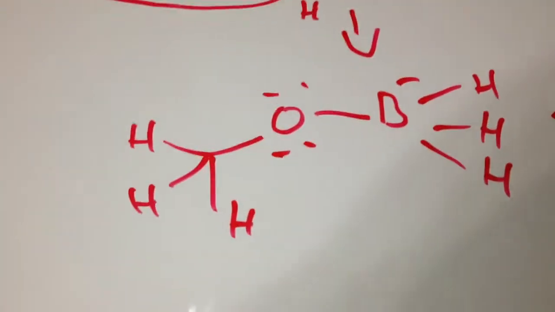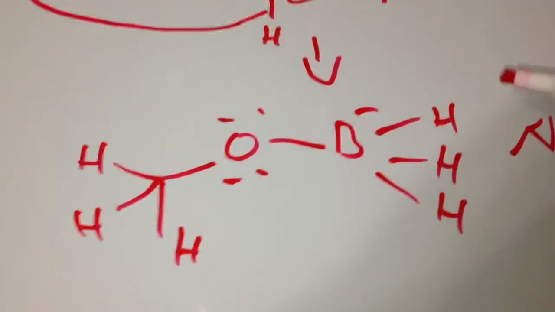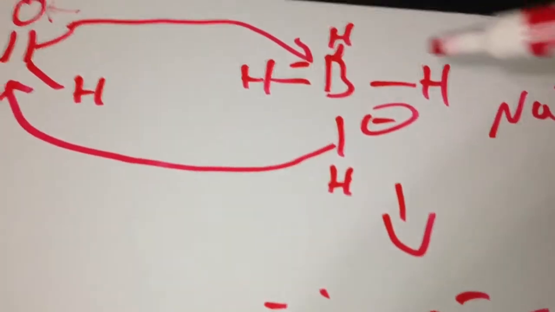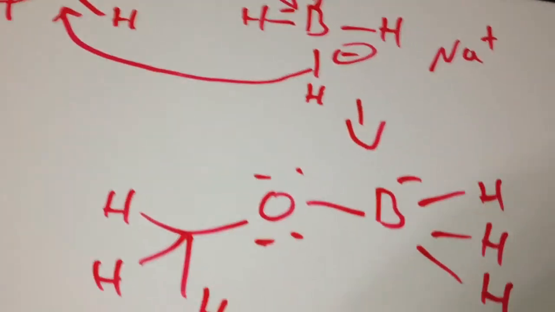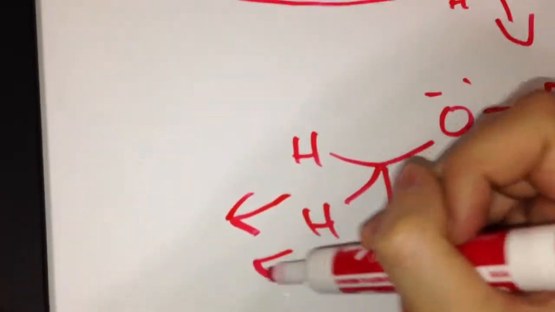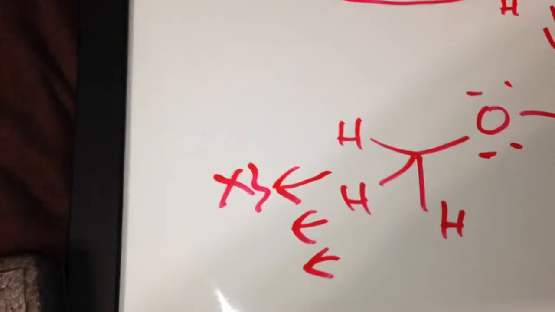And what you're going to do now is, because this happens 3 more times, because there's 3 more H's, you're going to just show 3 arrows, and just put times 3. And when you do that, you can just move on to the next step.